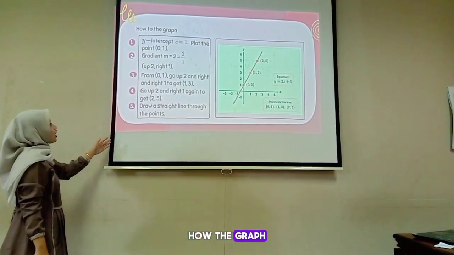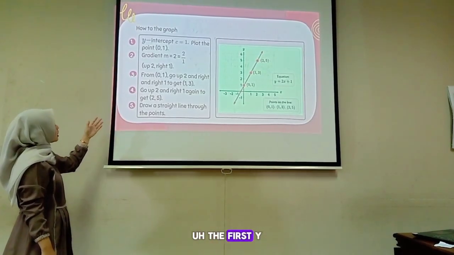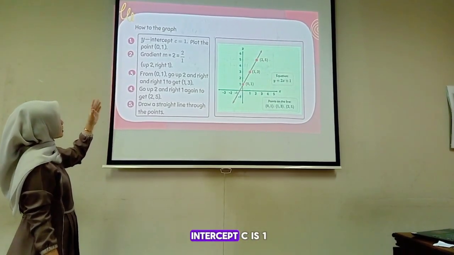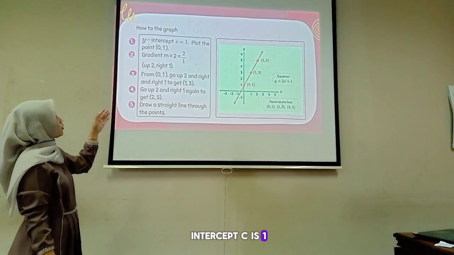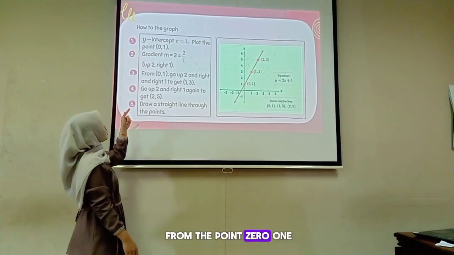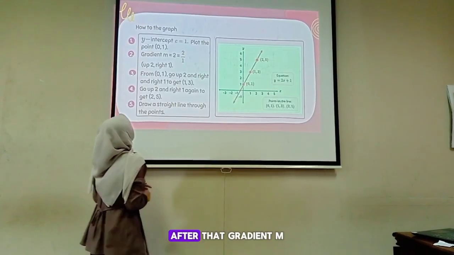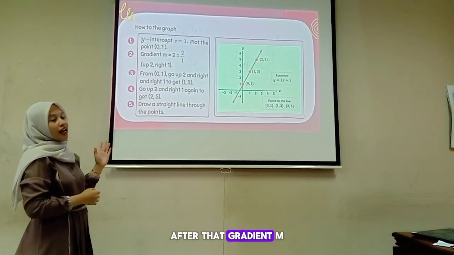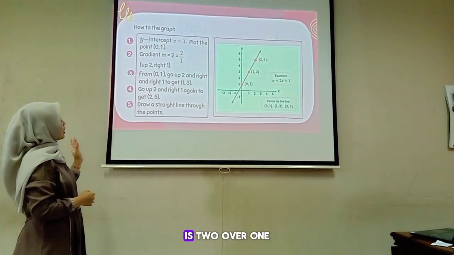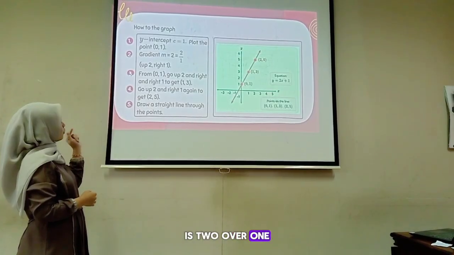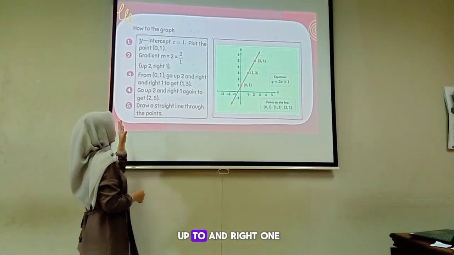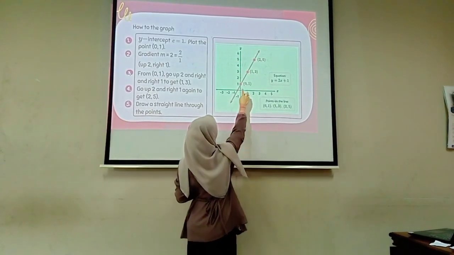How to draw the graph? The first, the y-intercept c is 1, on the point 0, 1. After that, gradient m is 2 over 1: up 2 and right 1.